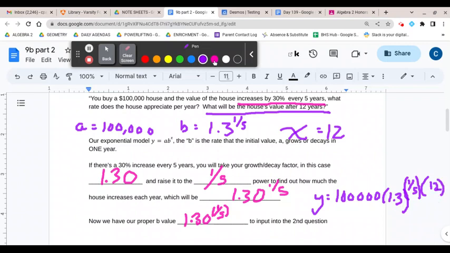To break this down, the 100,000 is our A, 1.3 to the 1/5 power is our B, and the 12 is still our X, the exponent right there.